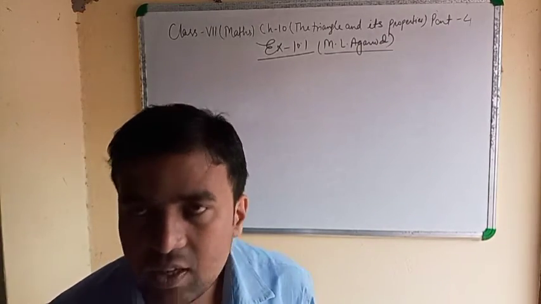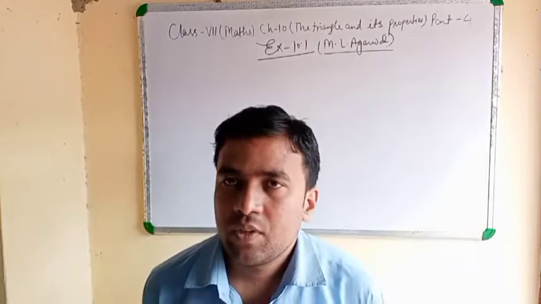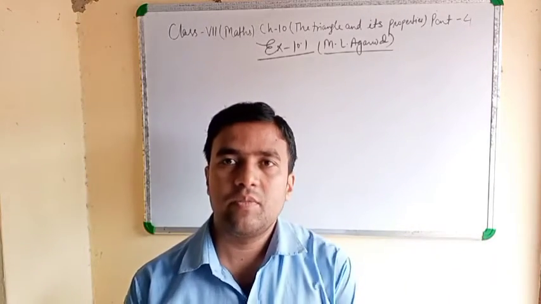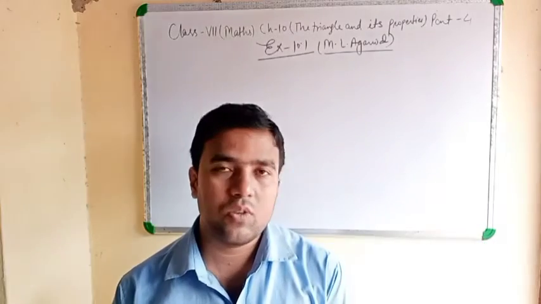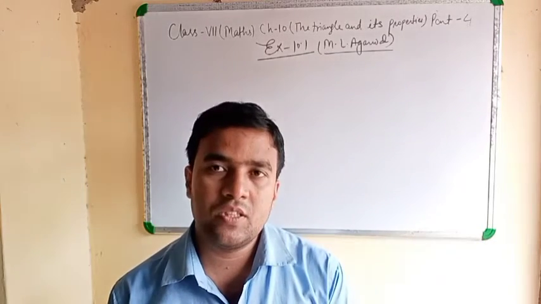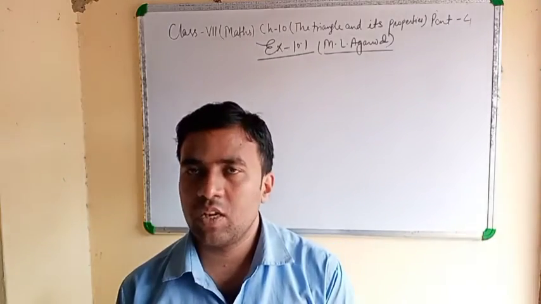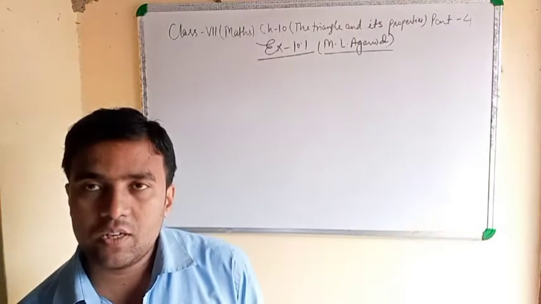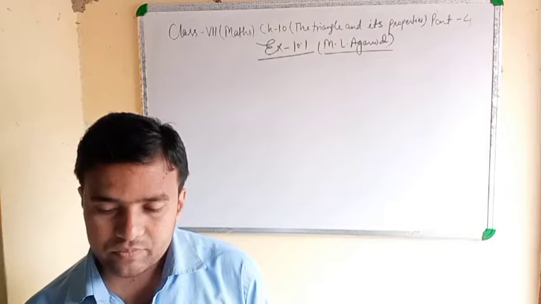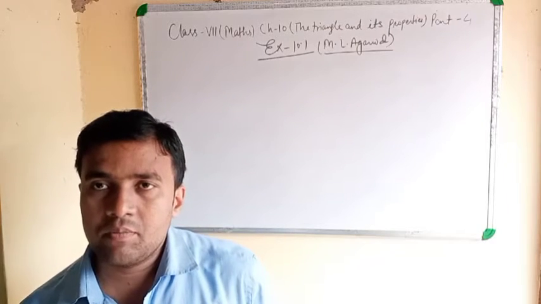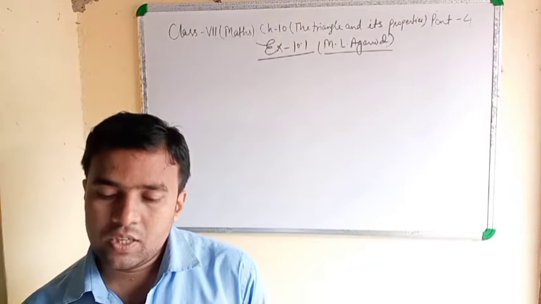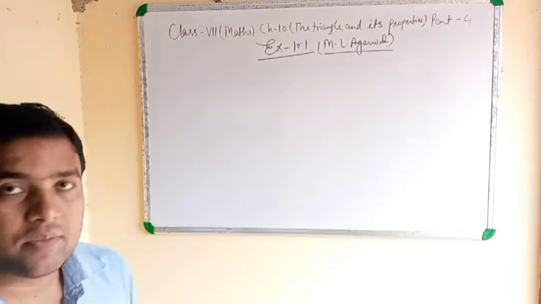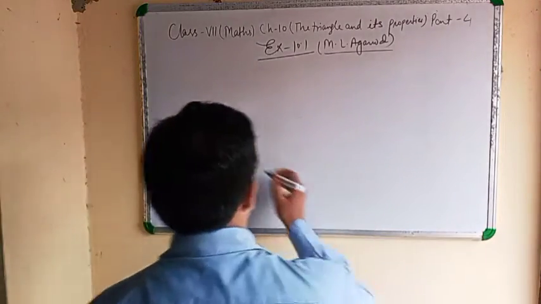In ML Agrawal exercise 10.1, whatever question is different, that question we will do, clear, but whatever question is the same, meaning the digits are also the same, that question we will not do, clear. Question number 1 is different; this type of question we have not done. In the adjoining figure one triangle is given, triangle PQR.